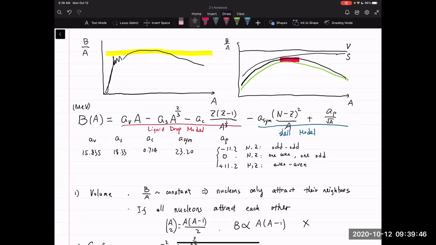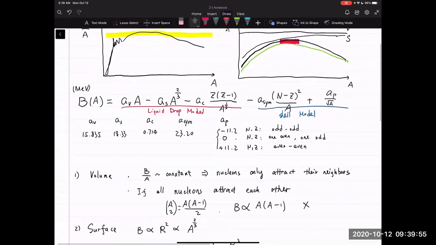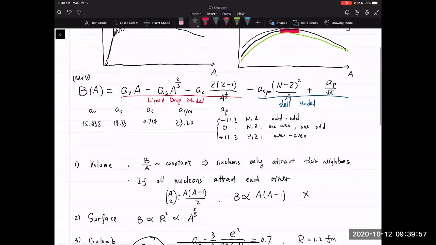But those are simpler nuclei, and we can explain them from quantum mechanics directly. So this is the so-called semi-empirical formula.